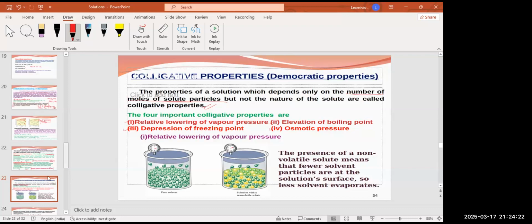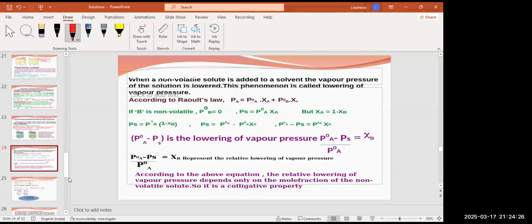So less solvent will evaporate. So when we add a non-volatile solute to a solvent, what happens to the vapor pressure? The vapor pressure of the solution gets reduced. And this phenomenon is called lowering of vapor pressure. Clear? Got it?